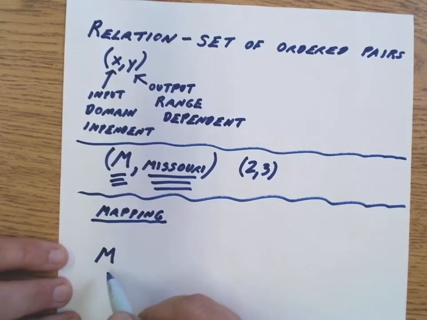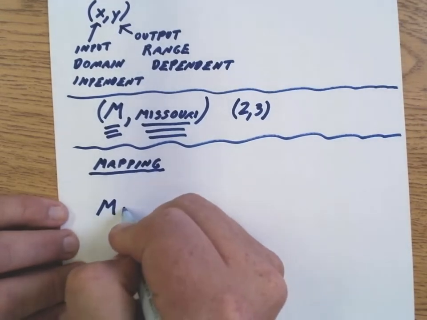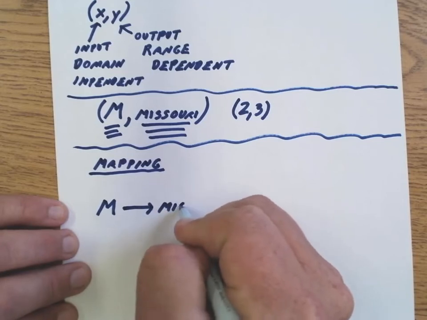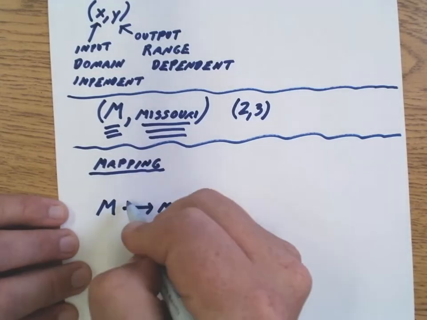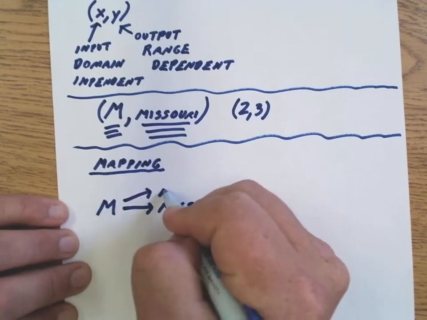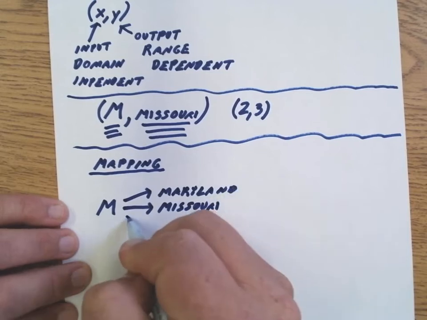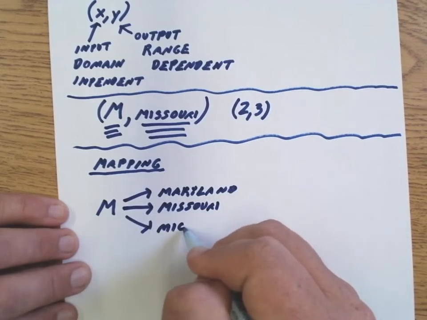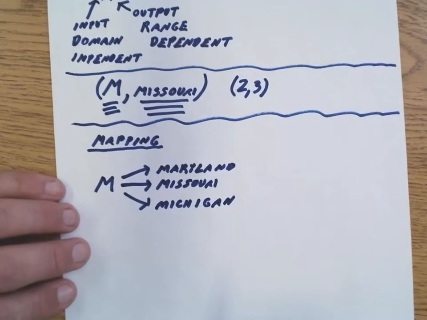If we started with a letter M and said, give me a state that begins with M, we could draw an arrow and say Missouri. That would work, but it's not the only one. We could say Maryland. We could also say Michigan. And you can run through the 50-state song in your head, and you can find a lot more of them as well.